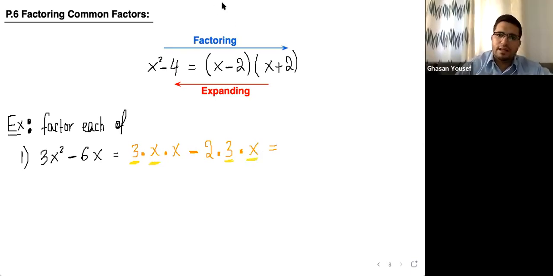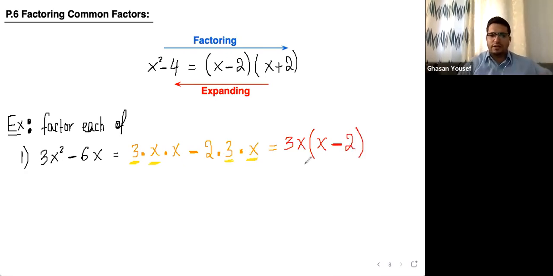So now I can say the common factor is 3x, open parentheses, and whatever is left we put inside the parentheses. Now x is left from the first term, minus, and what is left here is the 2 only. So this is the factoring of the common factor of something like this.